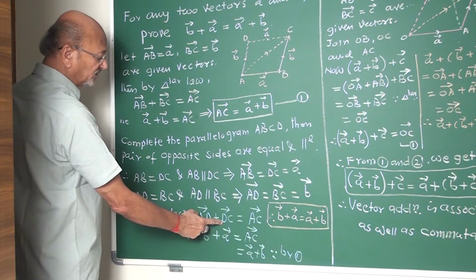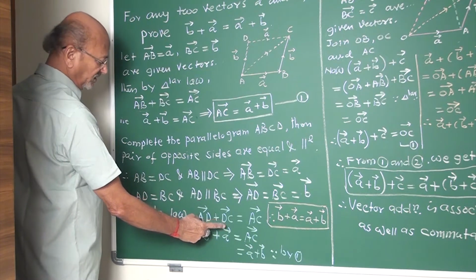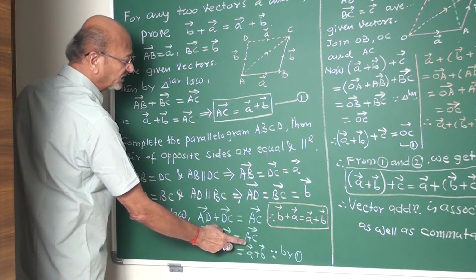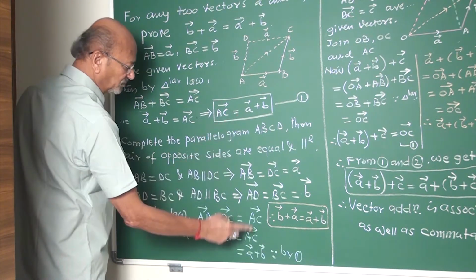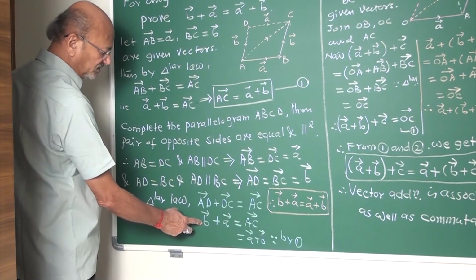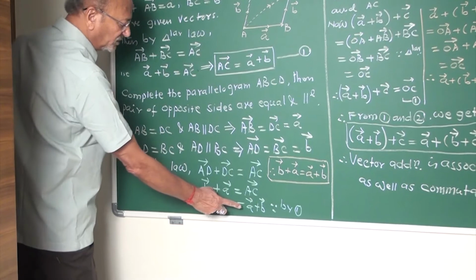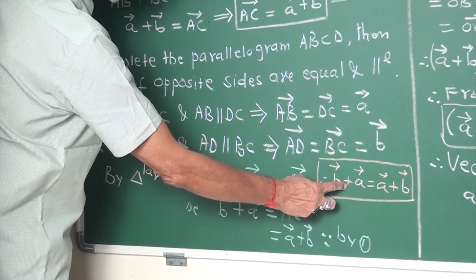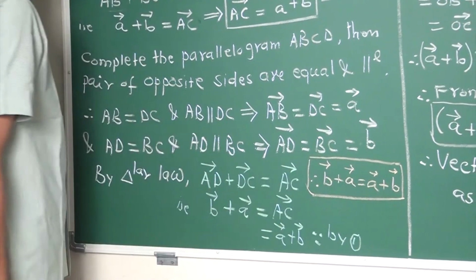Vector B, plus DC, vector A. Therefore, B plus A equals vector AC. But what is vector AC by 1? It is A plus B. Substituting, vector B plus vector A equals vector A plus vector B. Therefore, addition of two vectors is commutative.